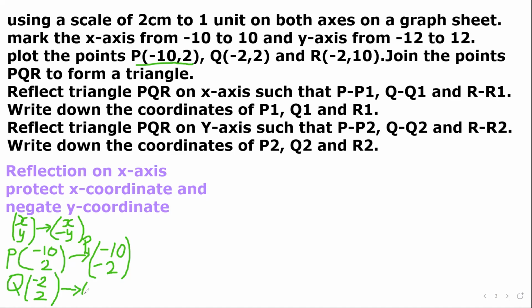Let me write the point name first. So Q1 will be, because here is already negative, we are protecting, so you will not change it, okay? You write the same number over there, but the y coordinate, which is the 2 here, will suffer with a negative sign. That is when there is a reflection on x-axis. You always protect the x coordinate. And here we have negative 2 and negative 2. Then point R here.